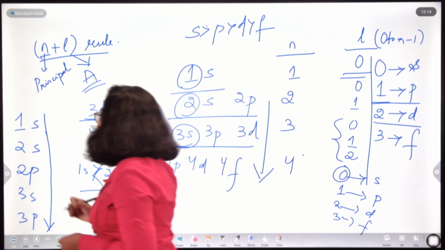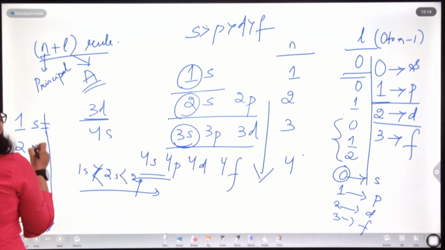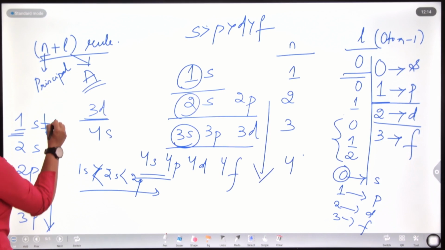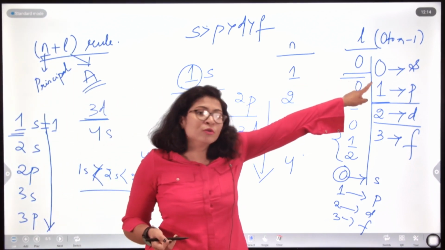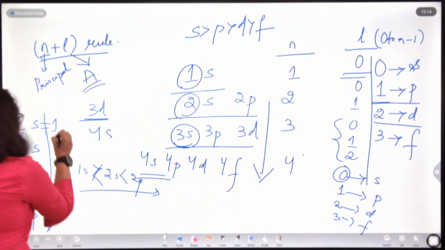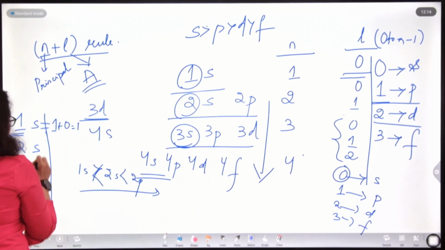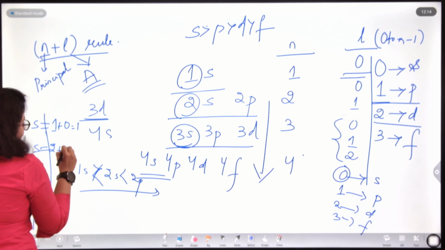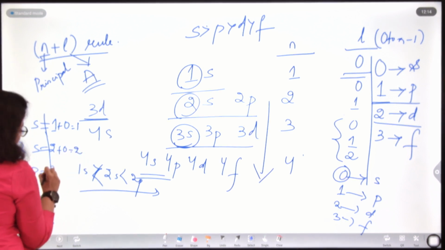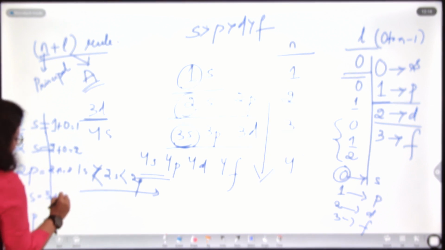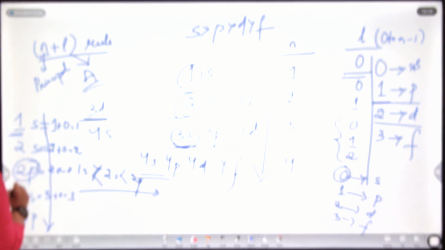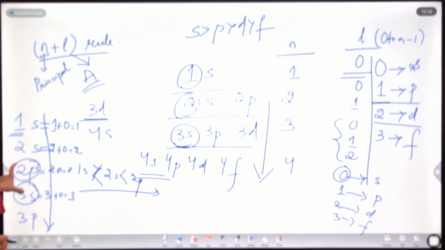Suppose I am considering 1s: the value of n is 1 and the value of l for s is 0. So 1 plus 0 is 1, 2 plus 0 is 2, 2 plus 1 is 3, 3 plus 0 is 3. See, 2p and 3s have similar energy.